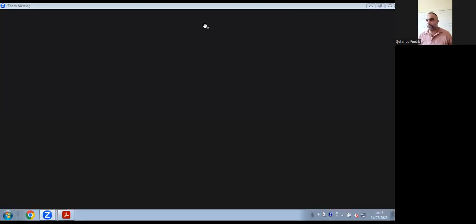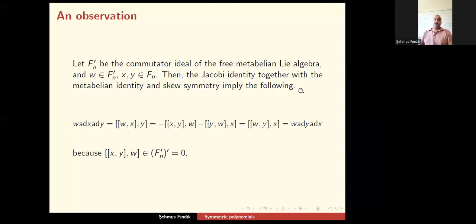Yeah, sure. Do you have a nice example of a metabelian Lie algebra? Yes, there is. For example, the matrices with entries from a ring, which should be upper triangular, of course.